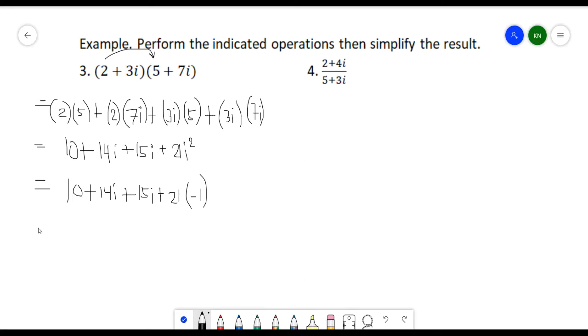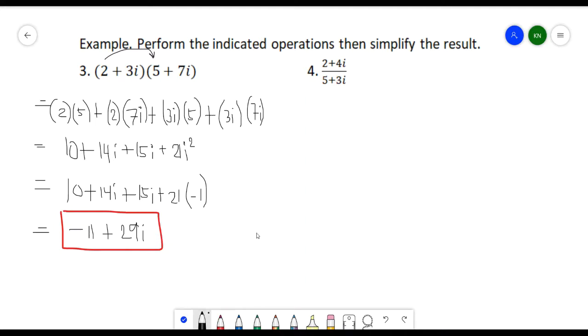So we have -21 plus 10, that is -11. And then we have 14 plus 15, that is positive 29i. So this is already our final answer.